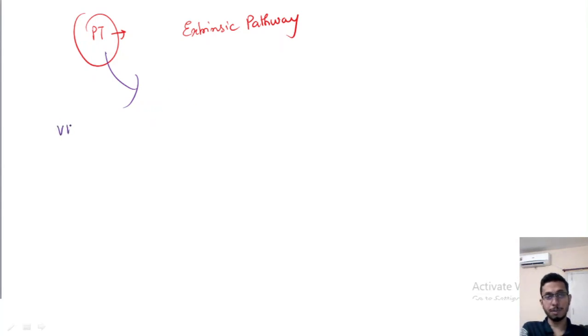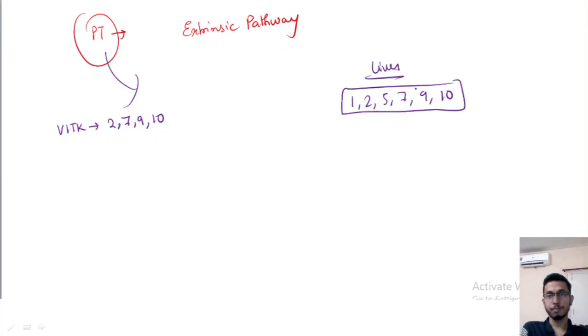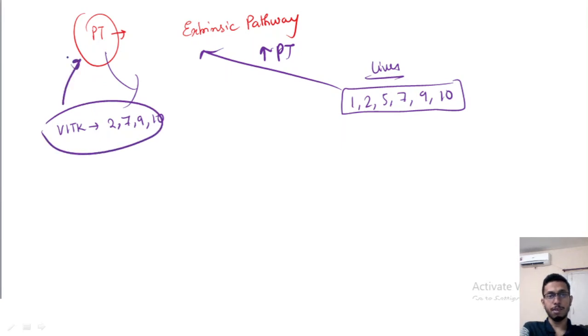So what are vitamin K dependent factors? They are 2, 7, 9, 10. In liver injury, 1, 2, 5, 7, 9, 10 are the clotting factors which get predominantly deranged, which leads to increase in prothrombin time. In vitamin K deficiency also prothrombin time increases.